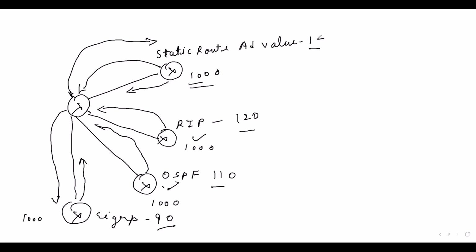Then it will give me preference, that is 90. Then it will see, okay, I am getting from Andrus, I will give. Then done.